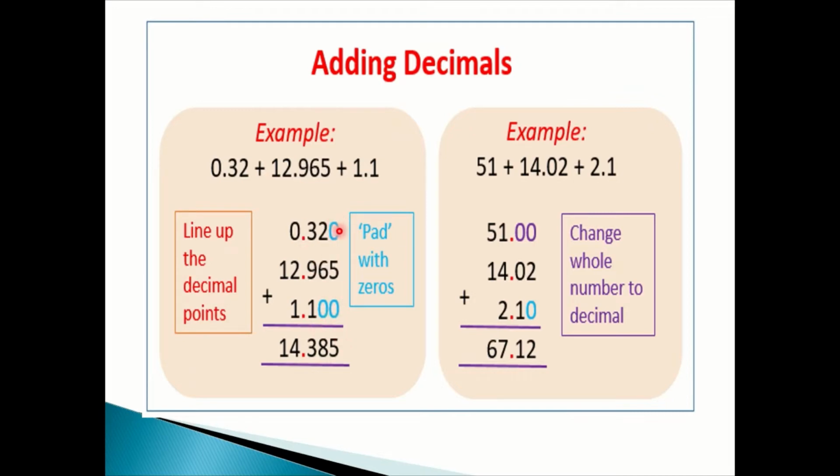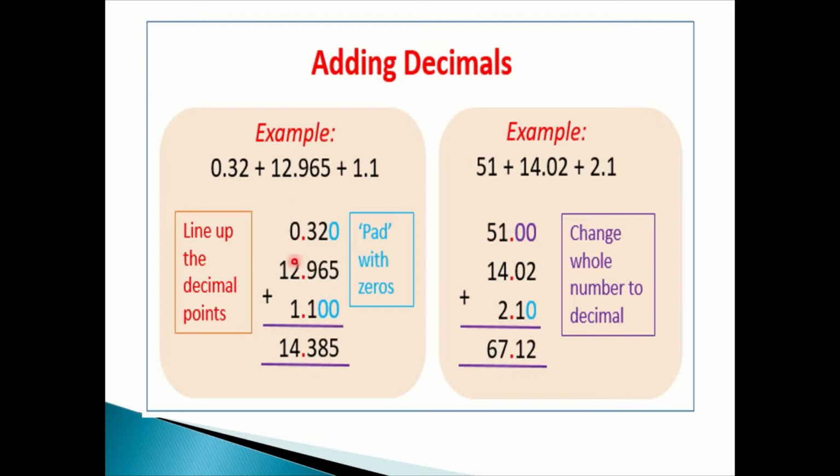In this case, we need to start from right going to left. Okay, so starting with this, followed by this, this one, and lastly that one. 0 plus 5 plus 0 is equal to 5. 2 plus 6 plus 0 is equal to 8. 3 plus 9 plus 1 is equal to 13, which means we need to bring down 3, carry 1. So there is an imaginary 1 here.